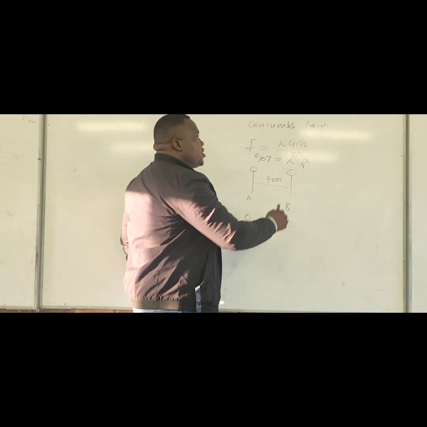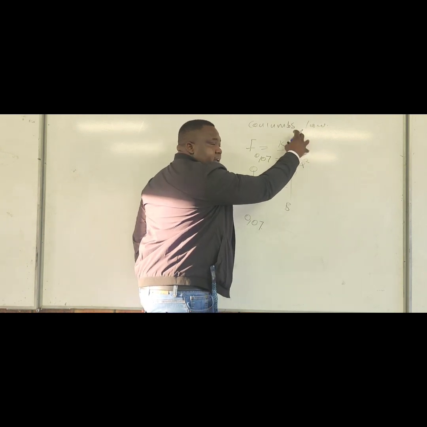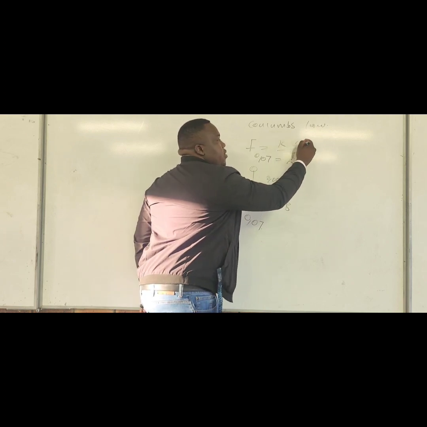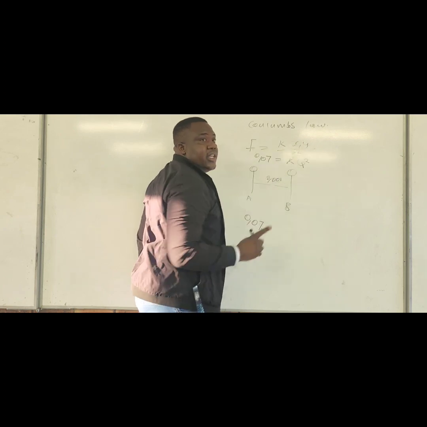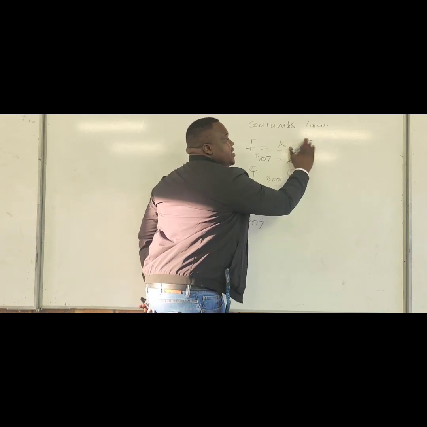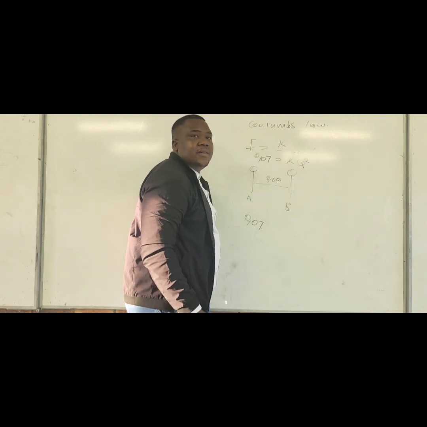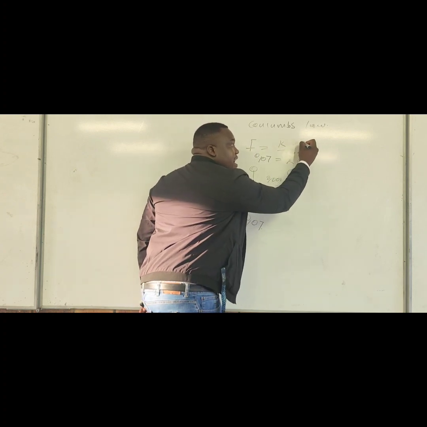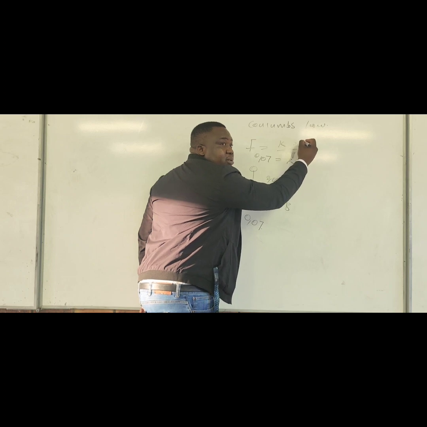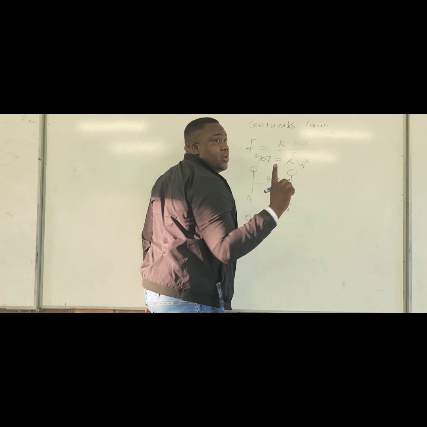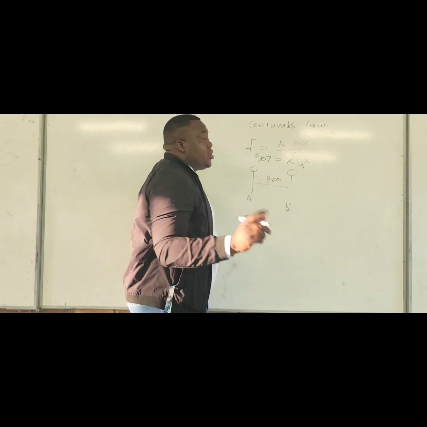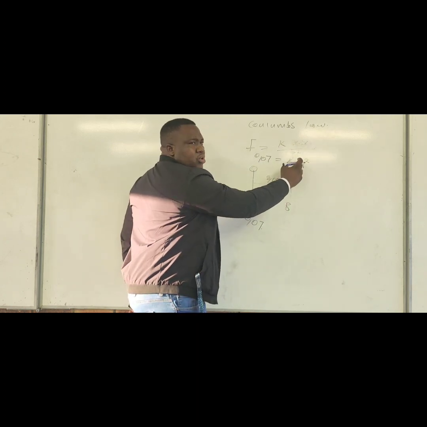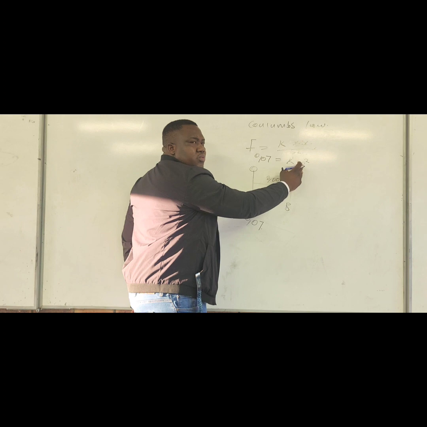Look, you see Q1 and Q2 here in the formula. It's like having X and Y. They are not the same, right? But if they say we have the same charges, it's like we have X and X, whereby X and X will give us X squared. So be careful about that. Some of you write 2Q, which is wrong.